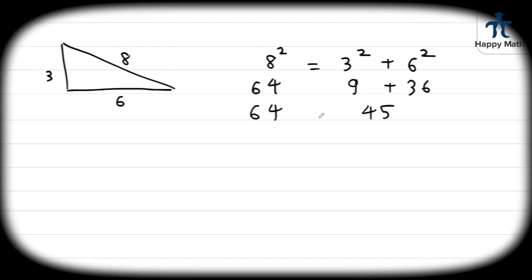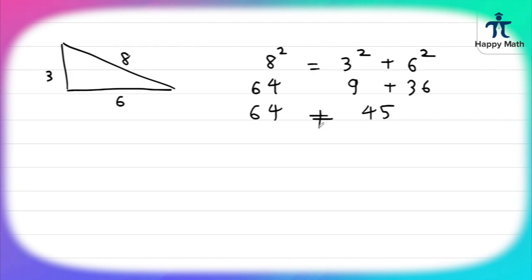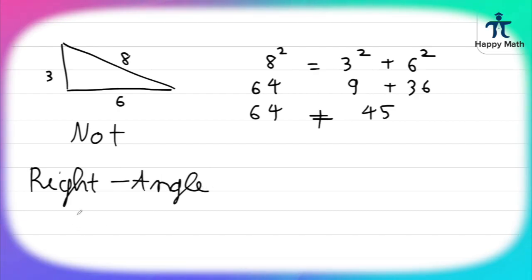The other one is 64. So they cannot be equal, they are different. This relationship tells you that this is not a right angle triangle, because the three sides don't satisfy the Pythagoras formula.